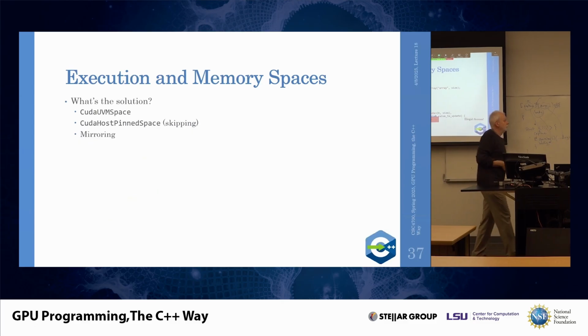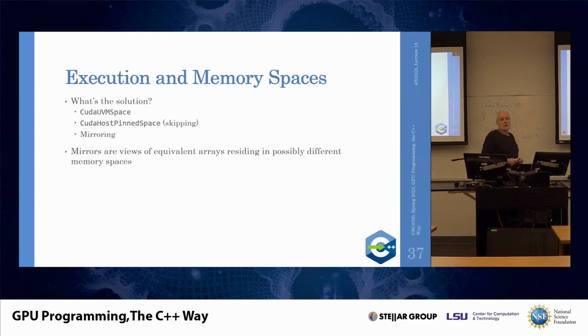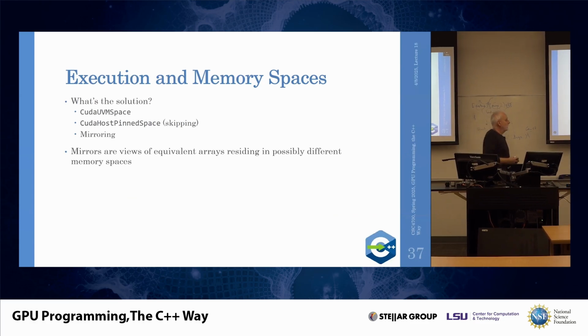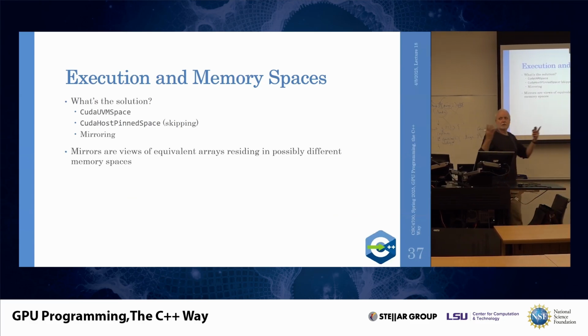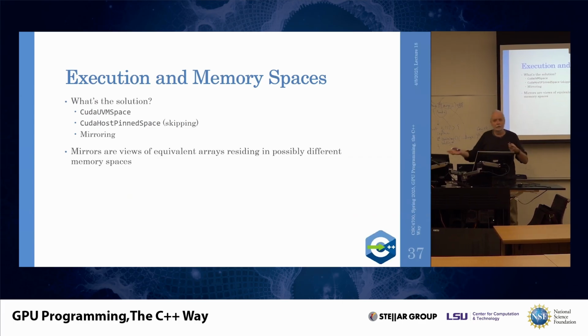What can we do? Well, what Kokkos provides you with is what they call mirrors. So it's views that have equivalent arrays on both sides, where the two arrays are copies of the same data.